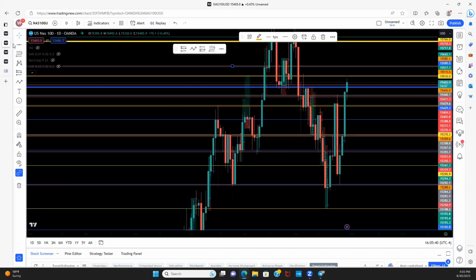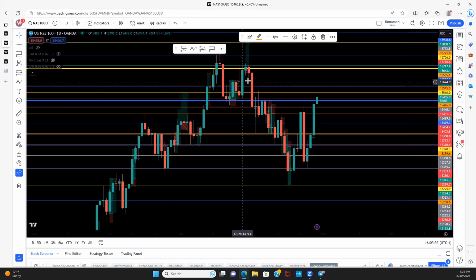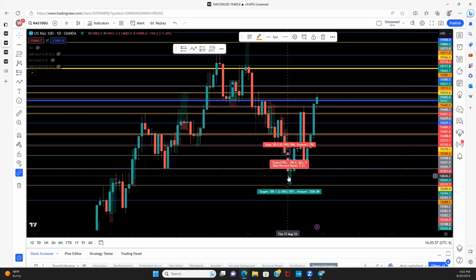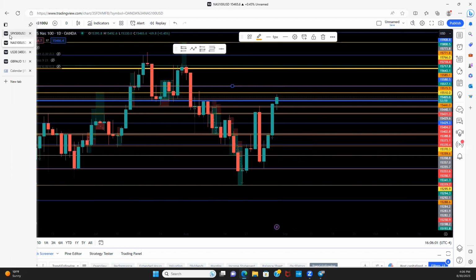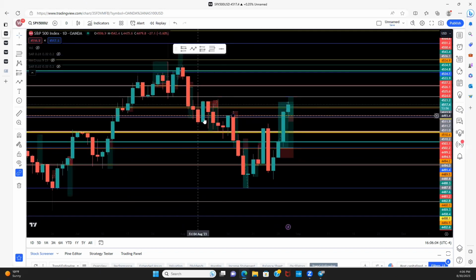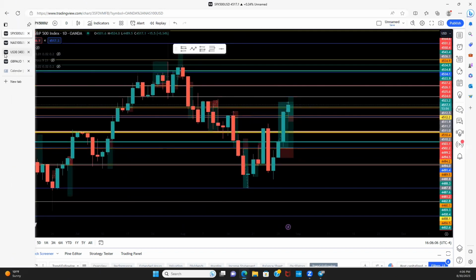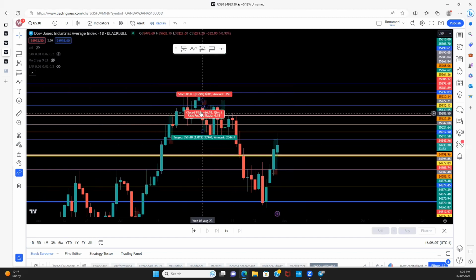But we can clearly see some differences here when we look at the beginning of August. And then we go on NAS and we look at the beginning of August. We see price was doing a huge drop, a downtrend, which we caught. We go on SPX. The beginning of August, we see the same thing. But then when we go on US30, the beginning of August, price is choppy and ranging. So that's some of the differences.